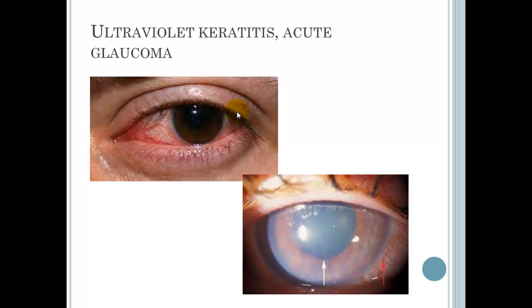This is the ultraviolet keratitis, which can be caused from looking at something that's too bright. You can get this from looking at the sun. And then this is acute glaucoma, on someone who already had some conjunctival problems to begin with, like cataracts. Do you see all of the blood vessels bursting? This is not from actual conjunctival injury.